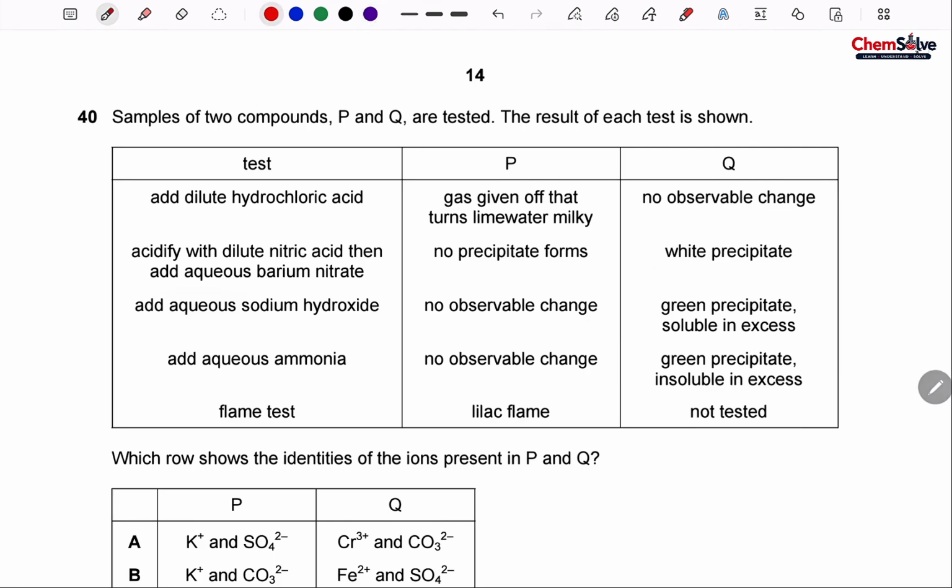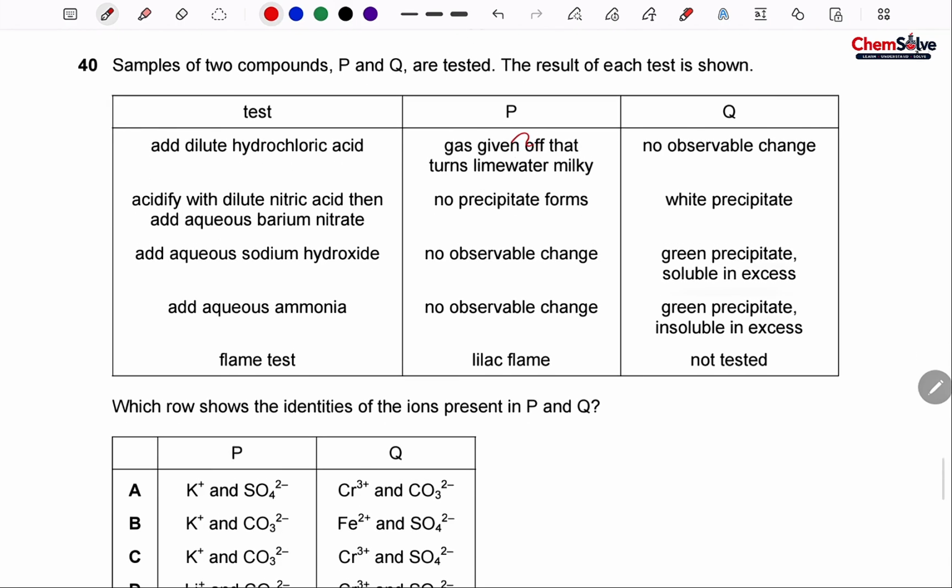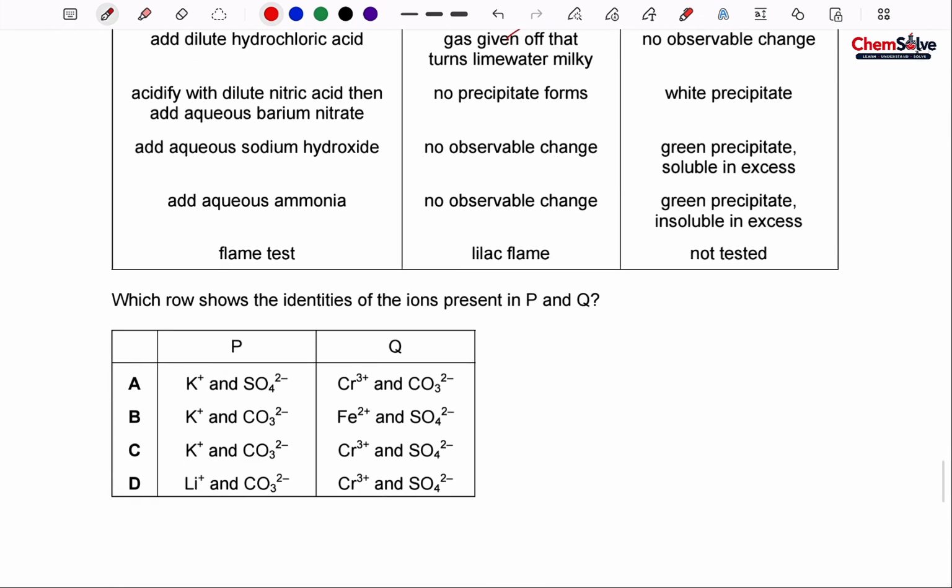So this must be carbon dioxide. Okay, no observable change. It means there is no color. So if carbon dioxide is being obtained, it means in P there must be carbonate. If there is carbonate present, it means option A is not the correct one.